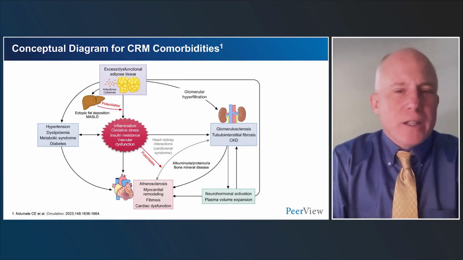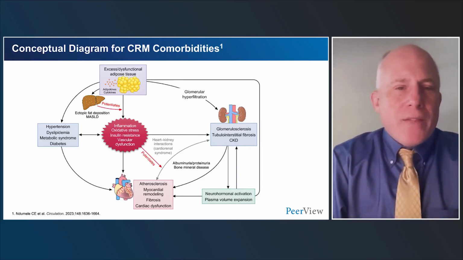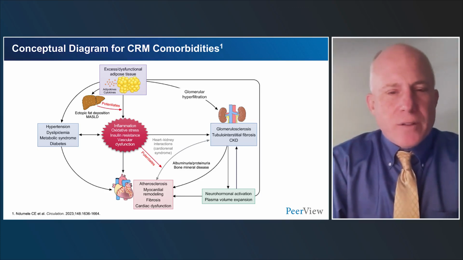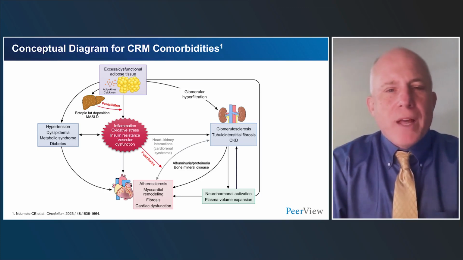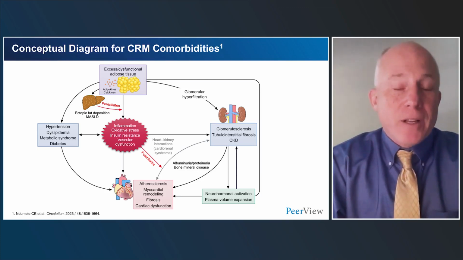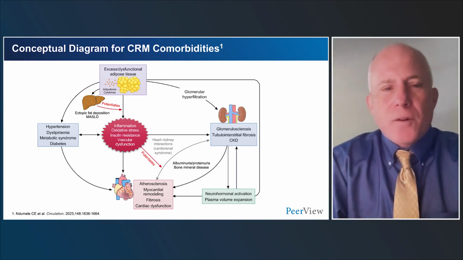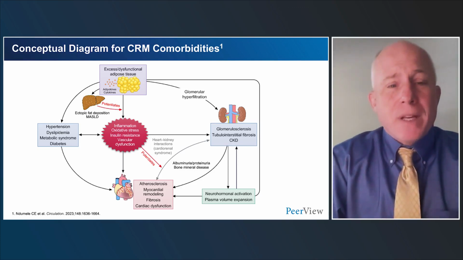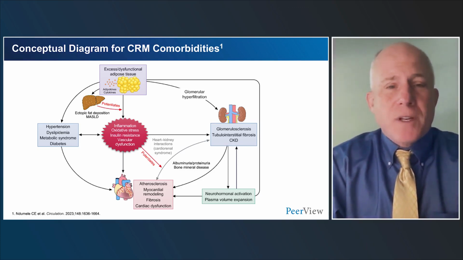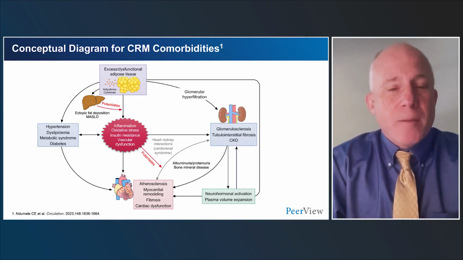So let's talk a little bit about CRM comorbidities or CKM. They're all interrelated. But if we start up top, we know that excessive adiposity, particularly truncal or visceral adiposity, is a driving factor for many things. We'll go off a little bit to the left to show that we know that's one of the biggest risk factors for a very common condition called metabolic-associated steatotic liver disease, and MASH.